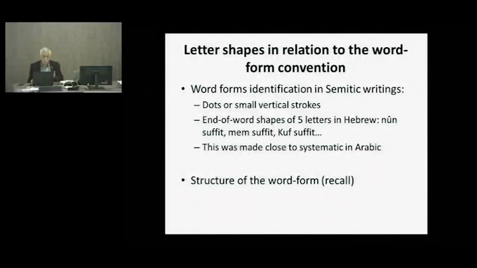Also, we all know there are end of word shapes of 5 letters in ancient Hebraic writing: Nun Sufit, Mem Sufit, etc. The end of letter shapes were made close to systematic in Arabic. Close to will have to be, of course, commented on.